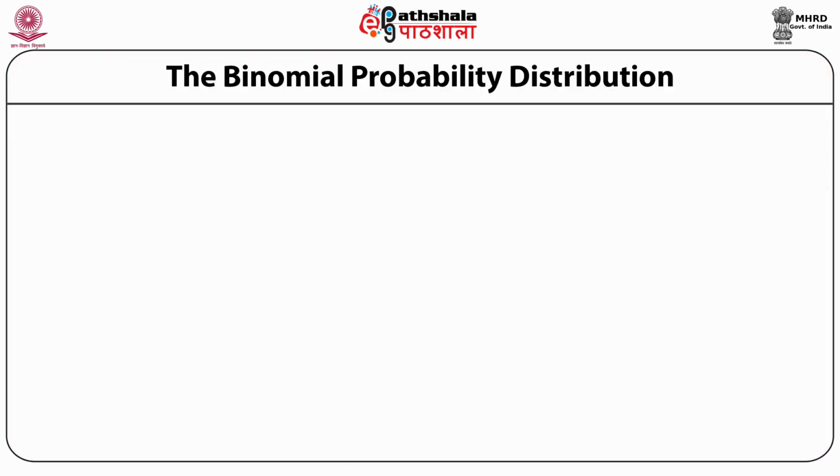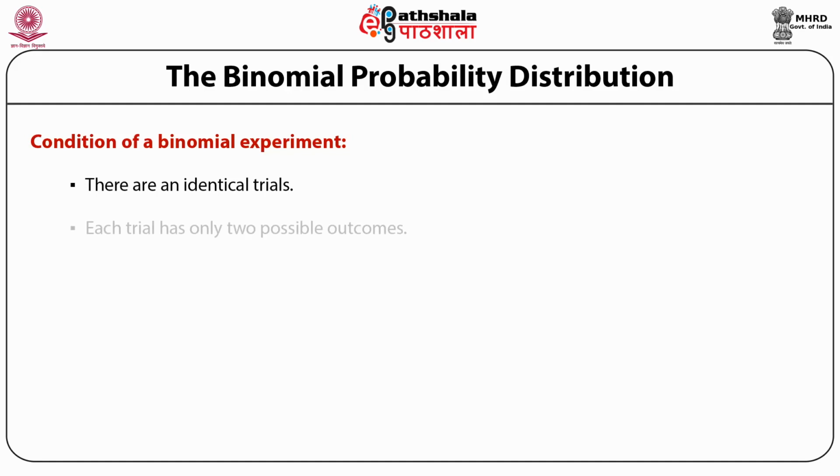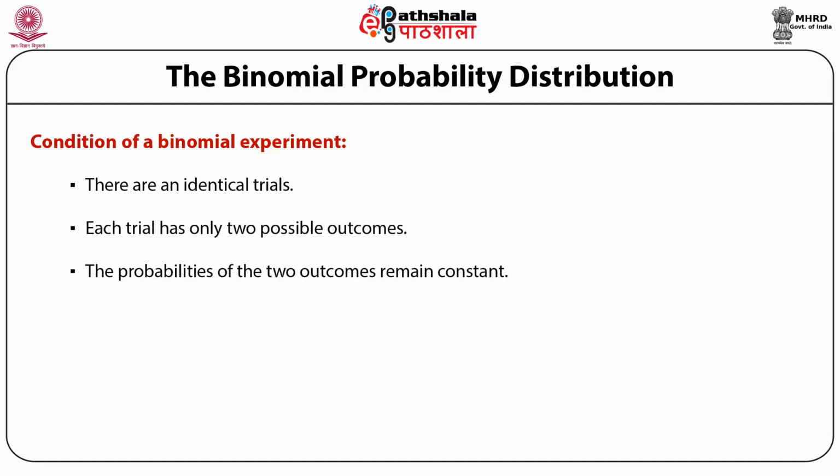In other words, the outcome of one trial does not affect the outcome of another trial. Different conditions of a binomial experiment: there are n identical trials, each trial has only 2 possible outcomes, the probability of the 2 outcomes remains constant and the trials are independent.